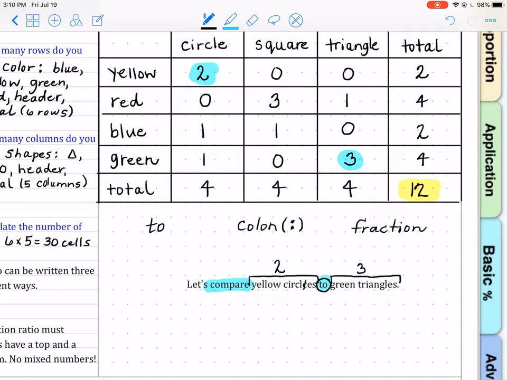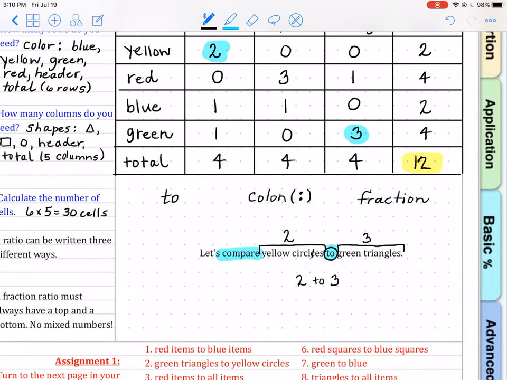And you've already got your ratio, 2 to 3. That's the ratio of yellow circles to green triangles. If you write it with a colon, it would look like this. And if you write it with the fraction, it would look like this. All of those mean the same thing.